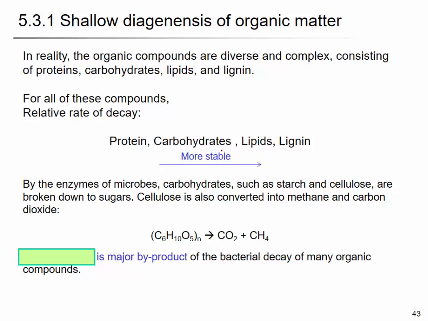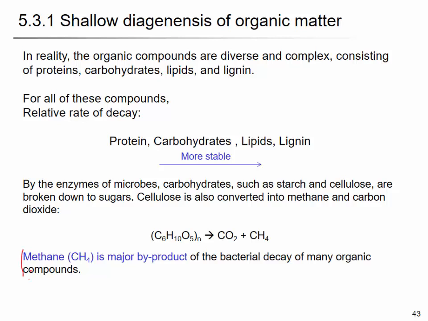As you go to the right side, it's more stable. By the enzymes, carbohydrates such as starch and cellulose are broken down to sugar, and cellulose is also converted into methane and carbon dioxide. And methane is the major byproduct of the bacterial decay of many organic compounds.